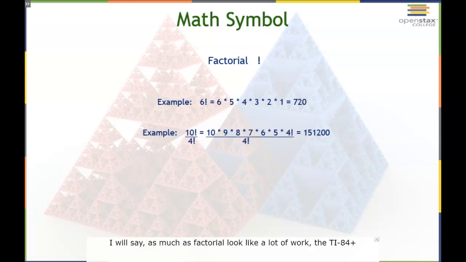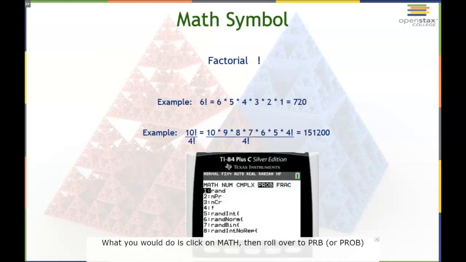I will say, as much as it looks like factorials are a lot of work, the TI-84 Plus does have factorial in its arsenal of things to do. What you would do is click on Math, scroll over to Prob, P-R-O-B, and under Prob, the fourth one down is the factorial symbol.